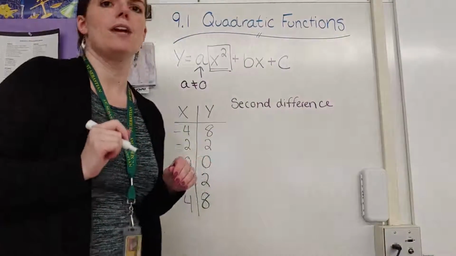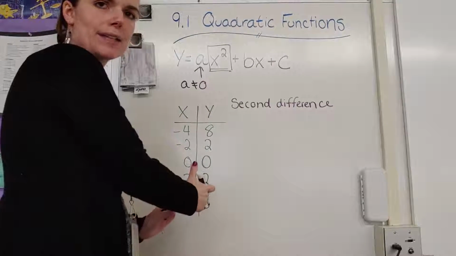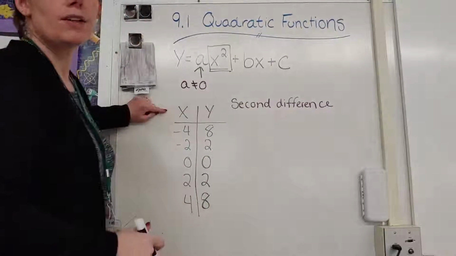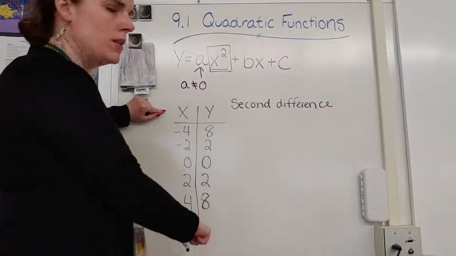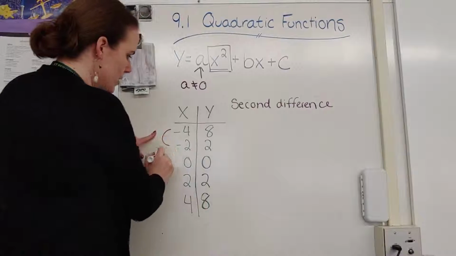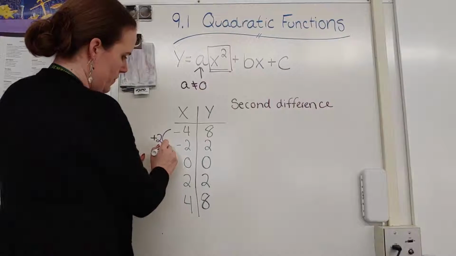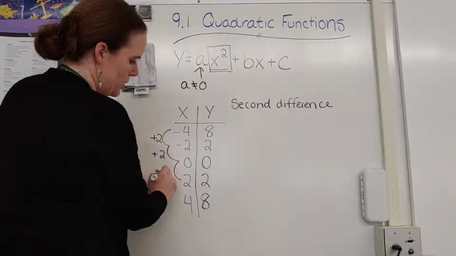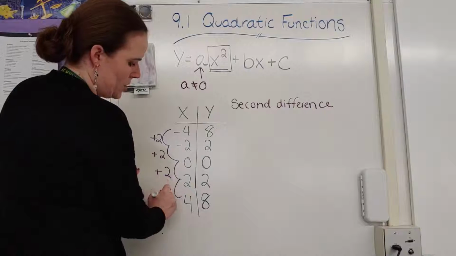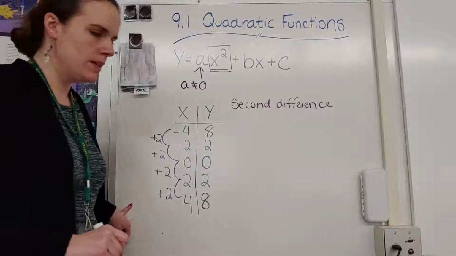When you have a quadratic function and you put the values in a table like this, these x values are going to increase by some constant term. So from here to here, I'm going up 2. That's a plus 2. From here to here is plus 2. Plus 2, plus 2. So these are increasing by some constant.